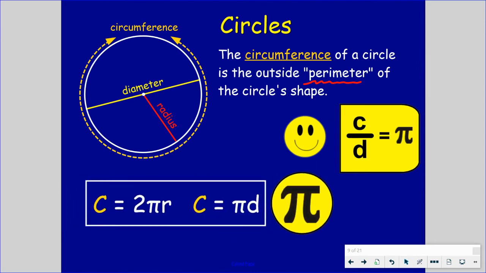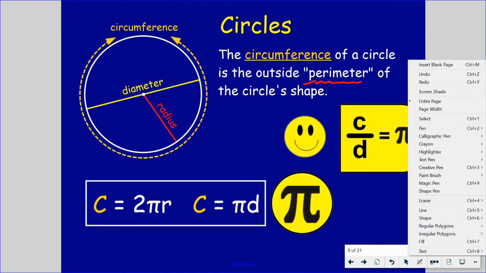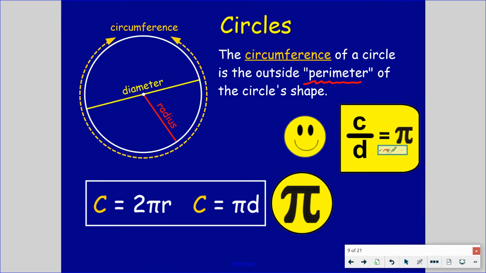The formula for the circumference of a circle, therefore, if you simply multiplied both sides of this formula above by the diameter, what would happen? Diameter divided by diameter cancel out. And so you see circumference is equal to pi times the diameter. Now, what if we don't have the diameter?